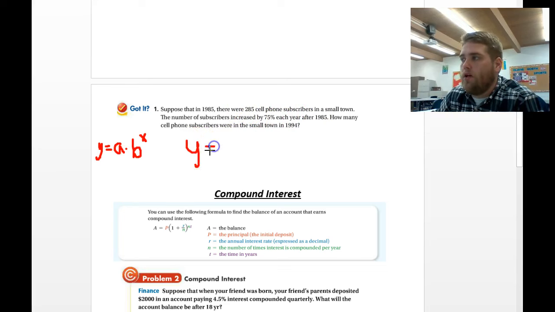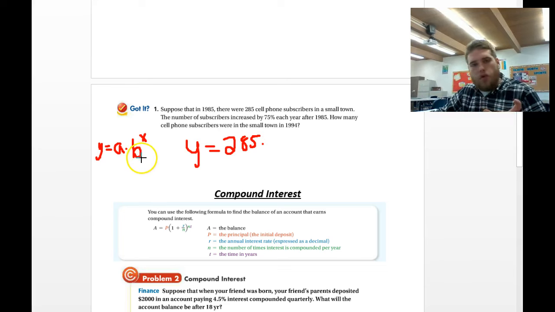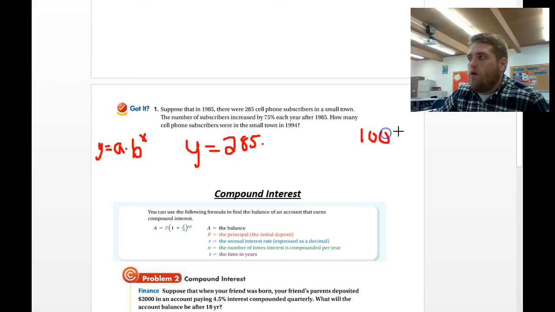So y equals 285 times b, my growth rate. Every year I'm taking 100% because I'm growing every single year, plus 75%, but we can't write these as percentages, so we write them as decimals. 100% as a decimal is 1.00, 75% as a decimal is 0.75.